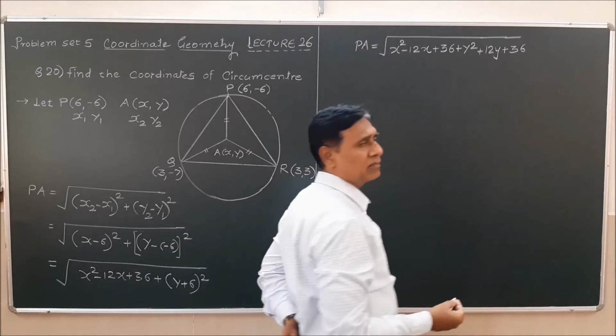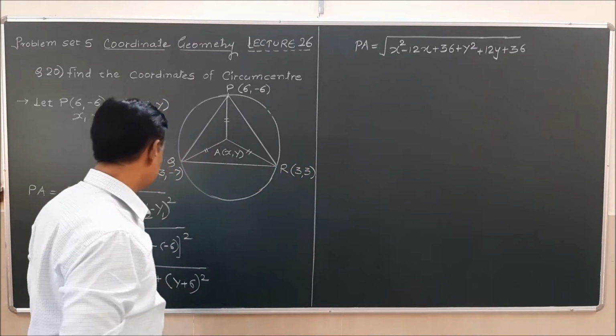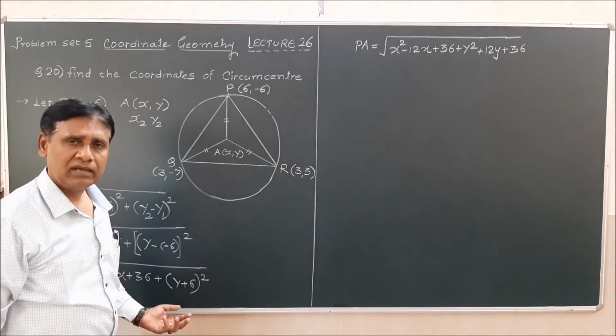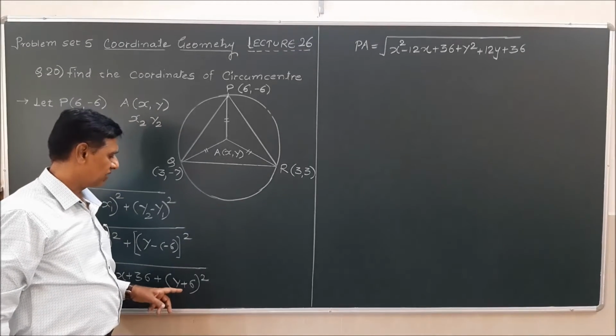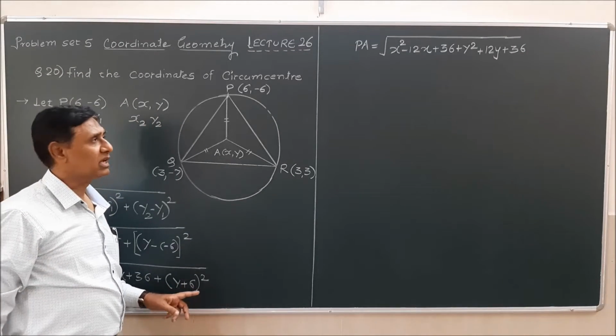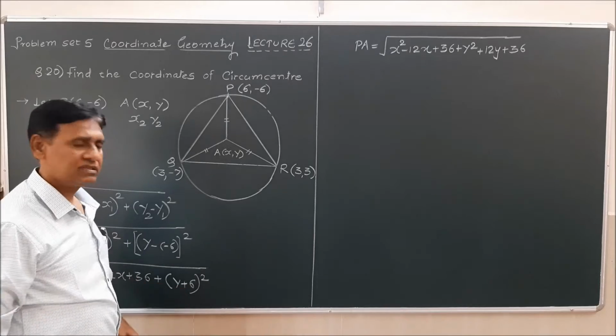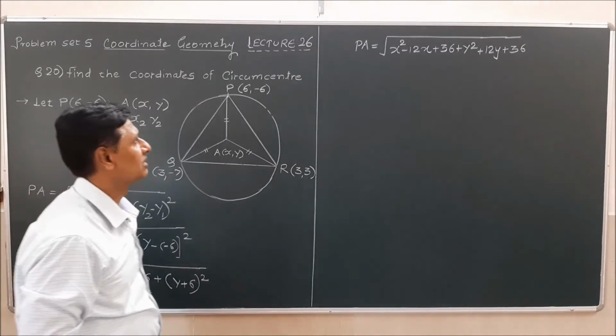I expand the second bracket using the formula (a plus b) the whole square: a square, y square, 6y into 2, that is 12y, plus 6 square, 36.